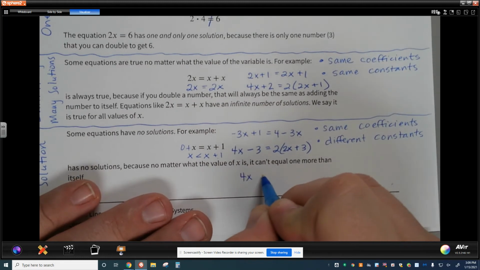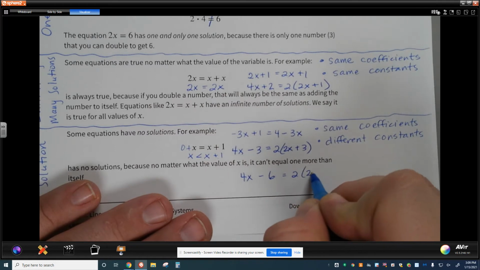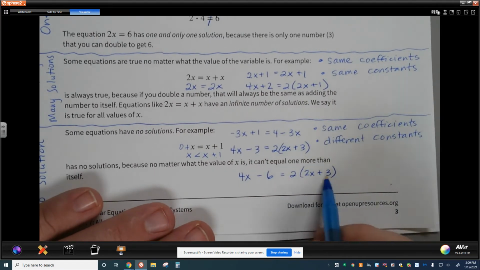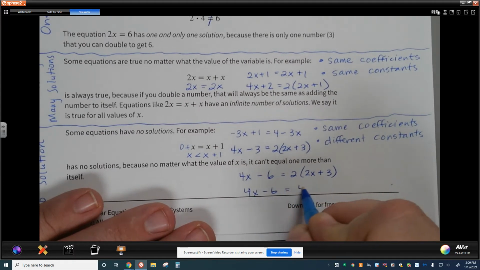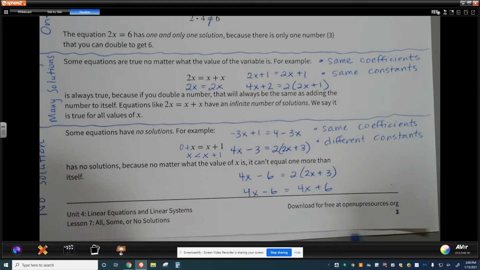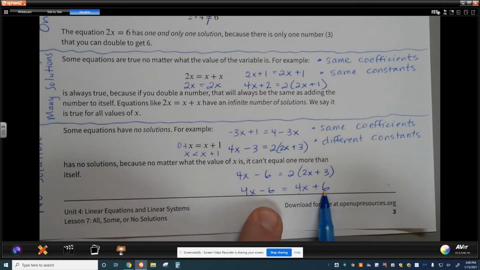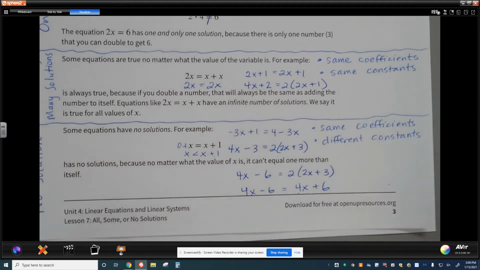Let's do 4 times x minus 6 is equal to 2 times 2 times x plus 3. When we simplify this, we know that this is going to come out with 6, but the idea is that it will look like this: 4 times x plus 6. We notice that the coefficients are exactly the same, but the constants, don't be fooled. This is a minus 6 and this is a plus 6. Different, so there is no solution that will ever work for this one.